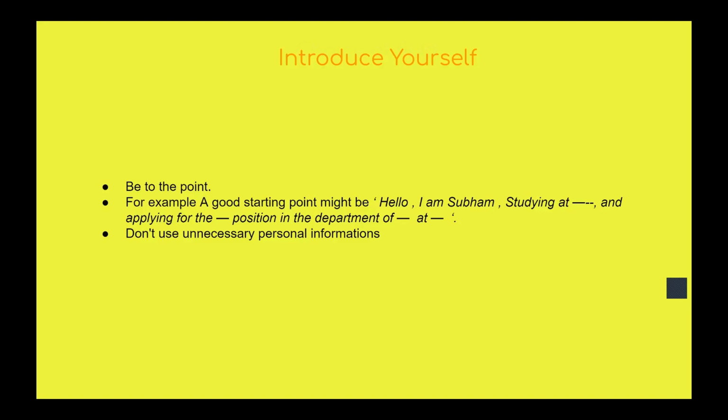Then you should write the choice of your field, what you are going to choose to do a PhD in. I'm assuming that everyone is applying for a PhD, but these things also apply if you want to do any course; the PhD will be replaced by some other course. Like if you want to do an MSc at some university in Britain, then you should write these things from an MSc perspective.